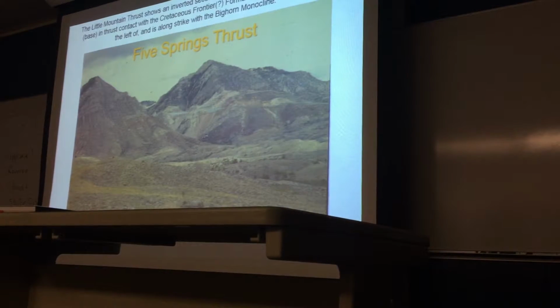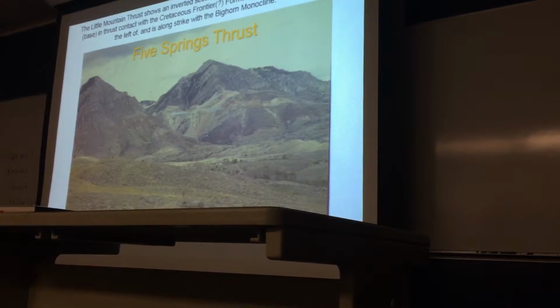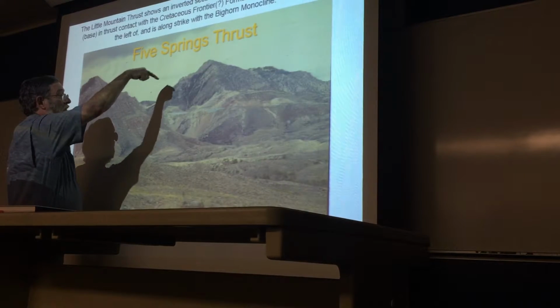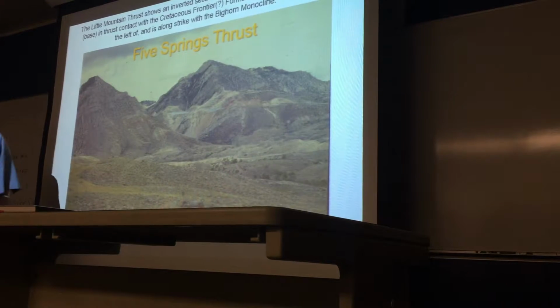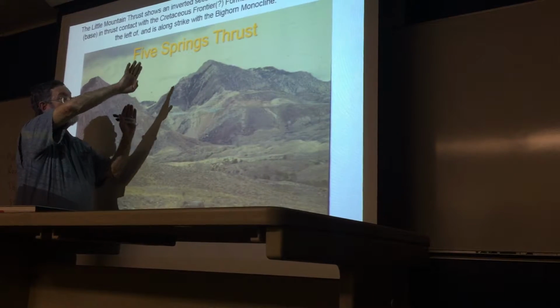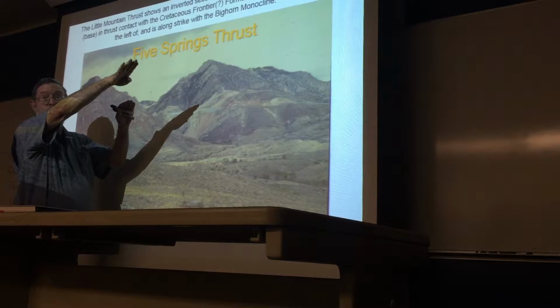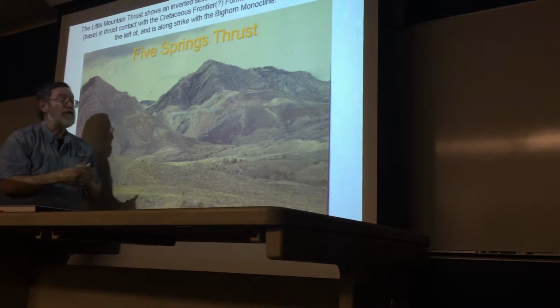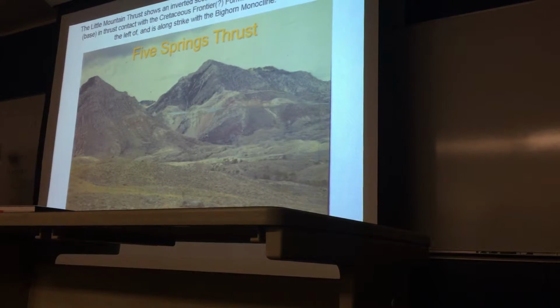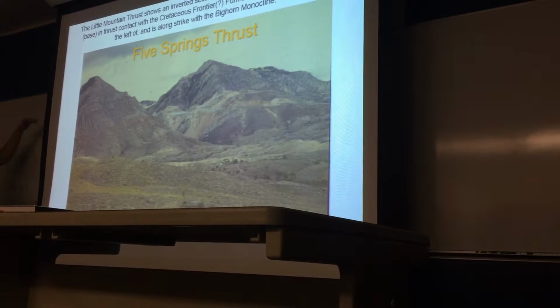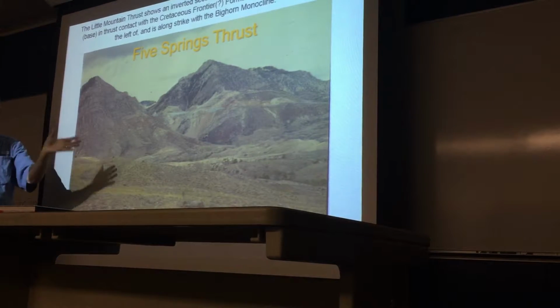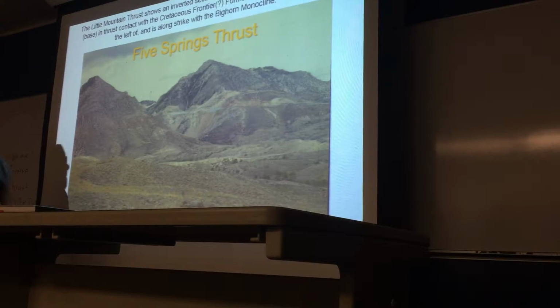Now, if we go to that, this is the Five Springs thrust. In the previous picture, we had gone up here and then hiked up to an area over in there. And so this is the material that has completely overturned, where that thrust broke through and took this material all the way over in a now high angle thrust that bends outward into the system.